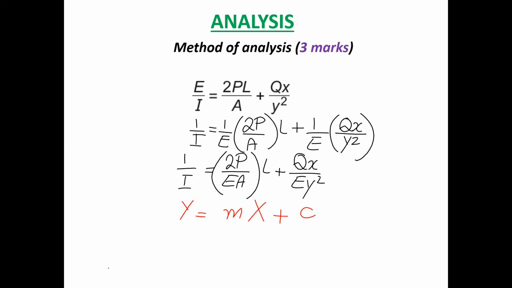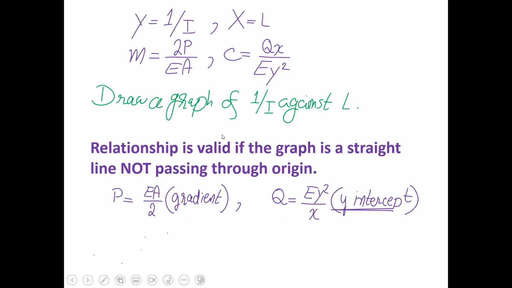This is a linear law. I'm rearranging it in y is equal to mx plus c. Now, looking at the equation, I can tell the examiner what is the y, what is the x, what is the gradient, what is the y-intercept. Draw a graph of 1 upon I against L. As C is not 0, it is a relationship which is valid if it's a straight line, but not passing through origin.